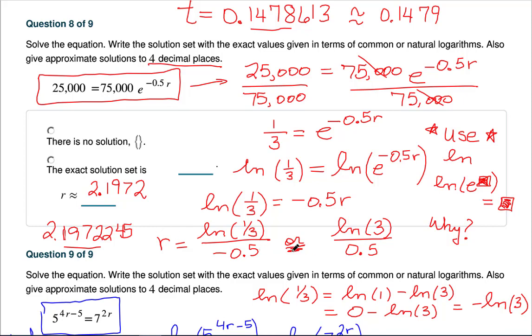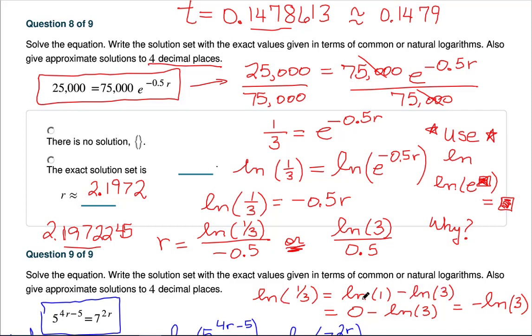Now I also say that it could be written as ln of 3 over 0.5. Well, how in the heck did I get that? Well, ln of 1/3 is, remember our division goes to a minus. So this is ln of 1 minus the ln of 3.